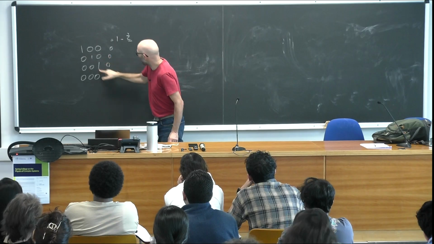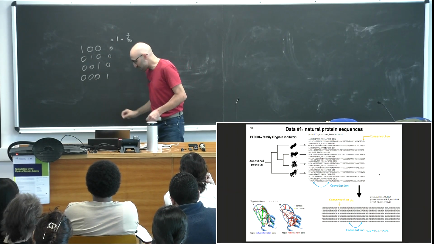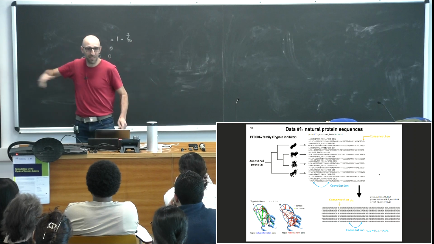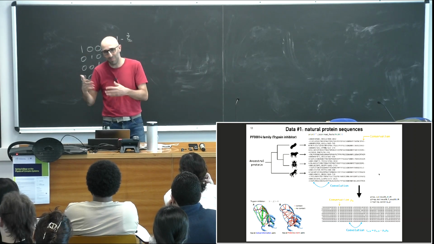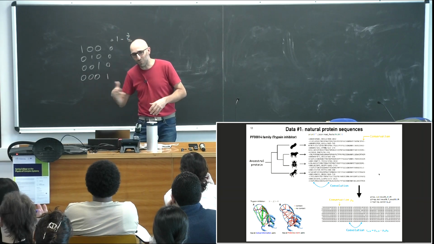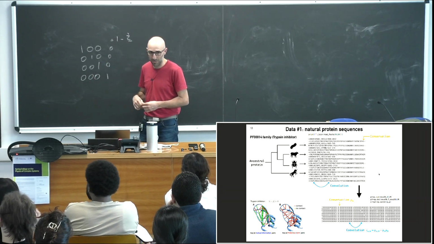Because if there is a 1, it's 0, and if there is no 1, then it's 1. So this gives you a matrix of data that has some linear dependency between the columns, and so it's typically not invertible. And since we are going to invert the matrix, this is going to create problems. Okay?